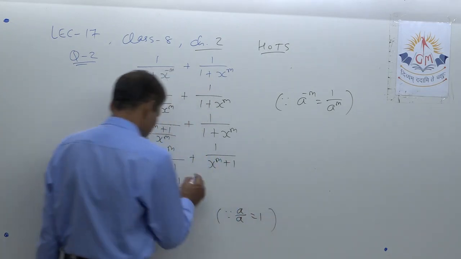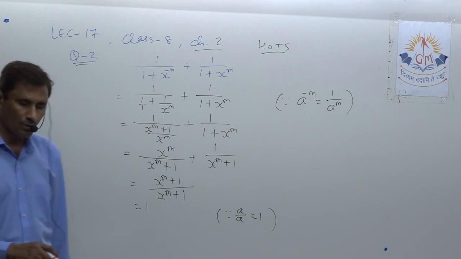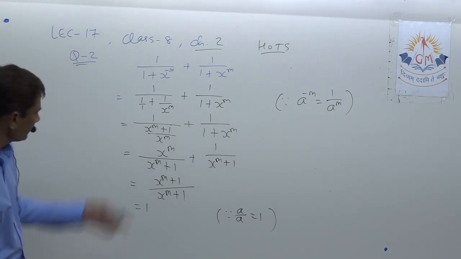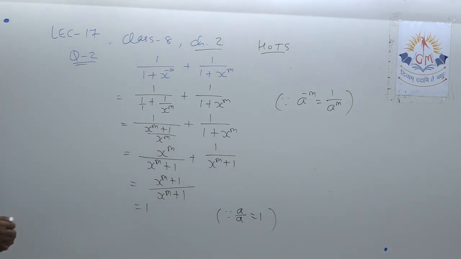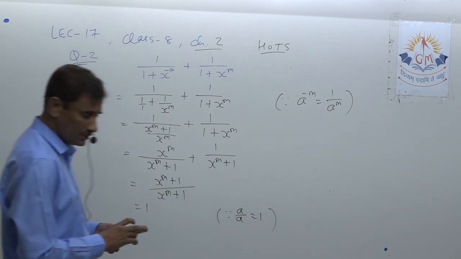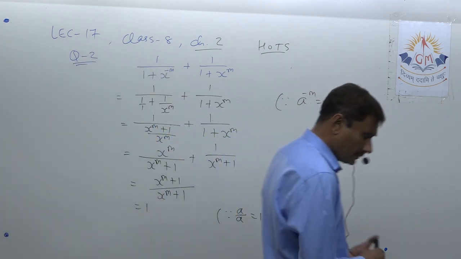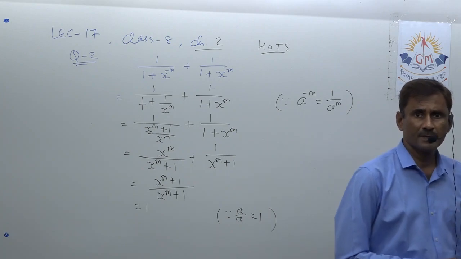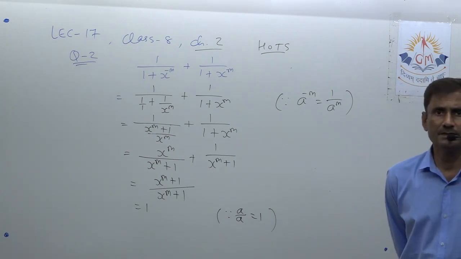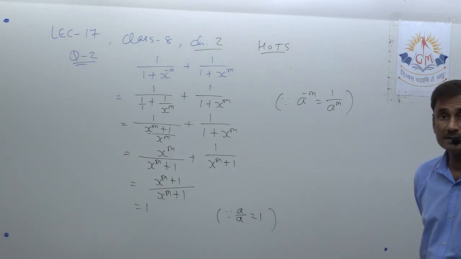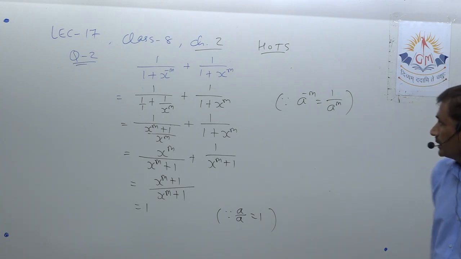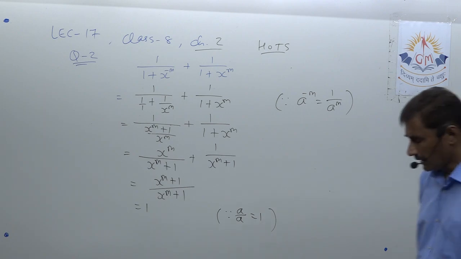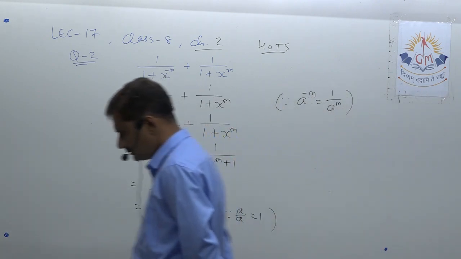Because the whole numerator cancels out with the whole denominator. So 1 is left. Okay, this is quite new to you, and don't get confused by this type of theoretical sums. Just try to understand and practice them well also. Now write it down systematically, otherwise take a screenshot right now, and later on you just write it well.